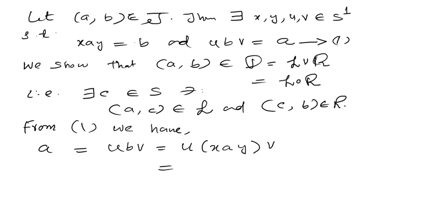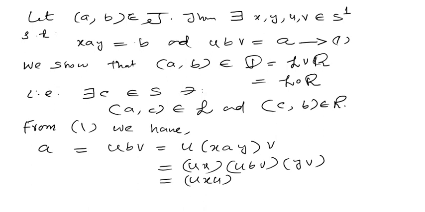What's a? Again u b v, so this is equal to u x u b v y v. What's b again? b is again x a y, then v y v.